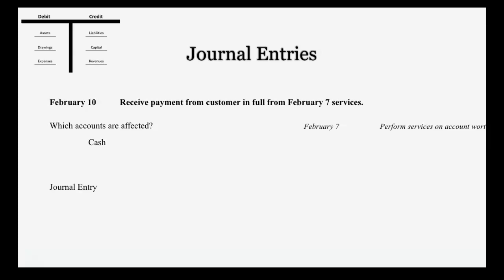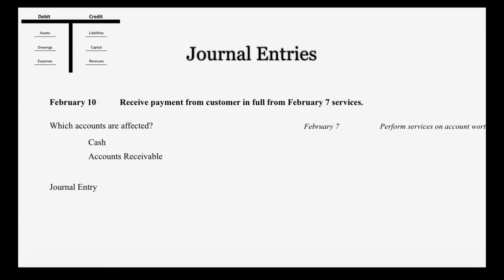The other account that will be affected here is accounts receivable, because we will want to show on our books that these customers don't owe us this money anymore, right? Since we're receiving payment from them, we need to say, okay, customer A, B, and C don't owe us anymore for these services. So our cash is going to have to increase and our accounts receivable is going to have to decrease.